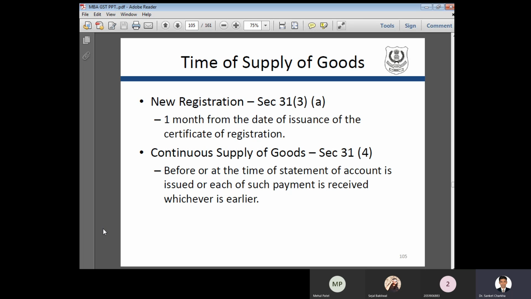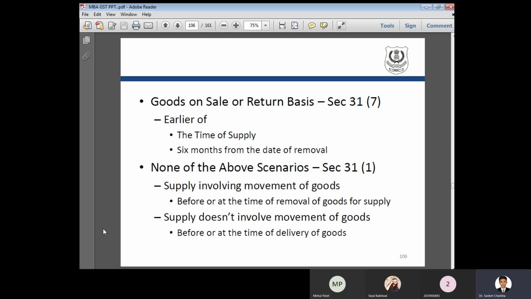Or in the second case, if there is a continuous supply of goods and services and whenever you prepare your statement of account, that is your balance sheet, trading and P&L, at the same point of time the continuous time of supply starts for the payment. Third thing, goods on sale or return basis, that is section 31(7). So earlier of the time of supply or 6 months from the date of removal.